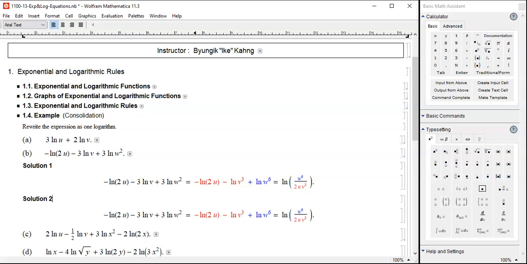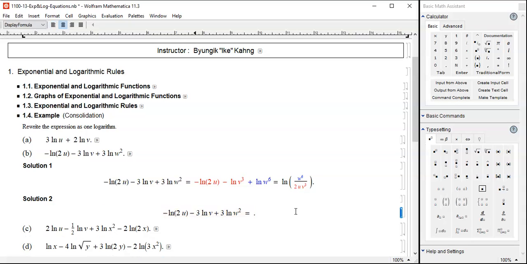Here's solution 2. A lot of people do it this way as well. Not my favorite way, but it works out too. So log of 2u to the negative 1st power plus log of v to the negative 3rd power plus log of w, so 3 goes up, 6th power.